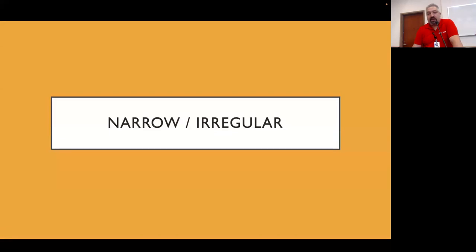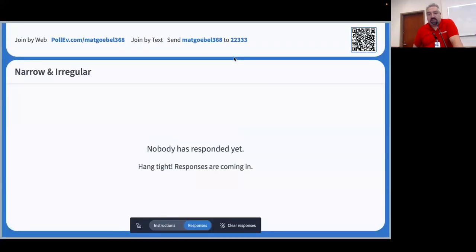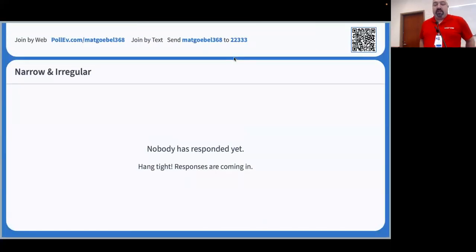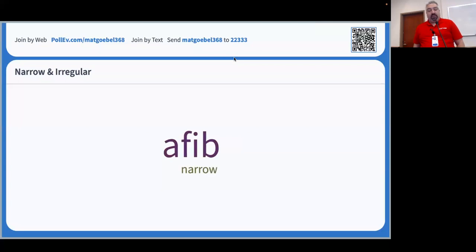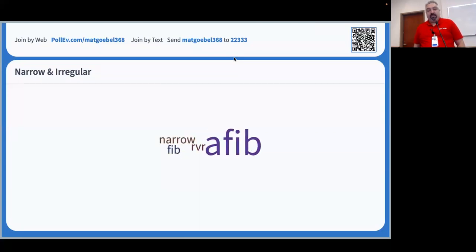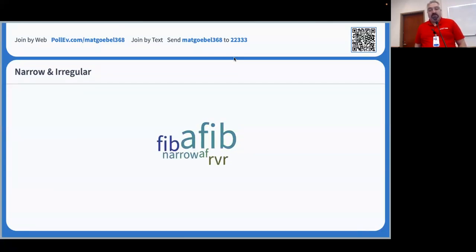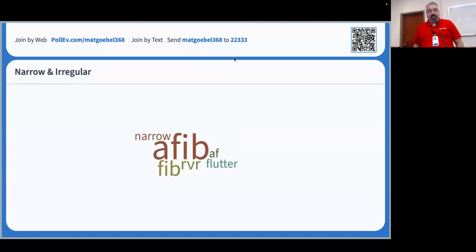Okay, narrow and irregular. So what are you thinking of with narrow and irregular? Good. AFib, AFib with RVR, narrow AF.